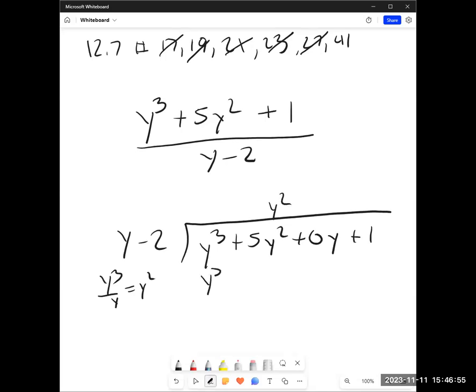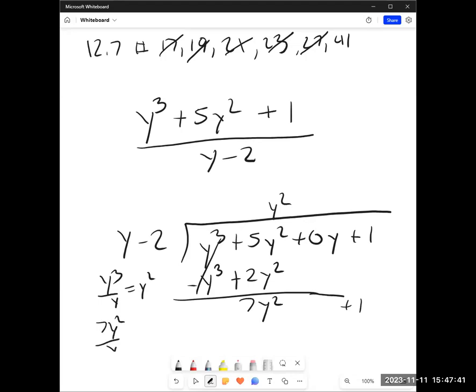That gives me y cubed minus 2y squared. Change my signs and add. 7y squared plus 1.